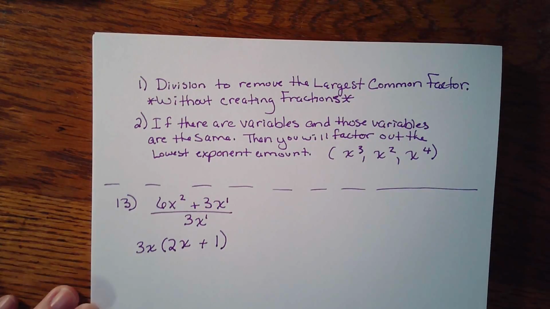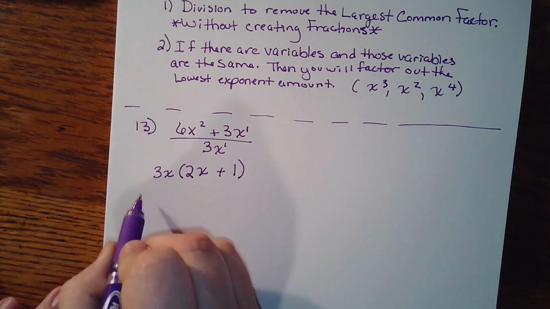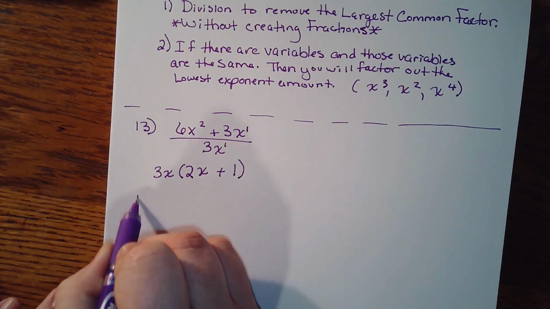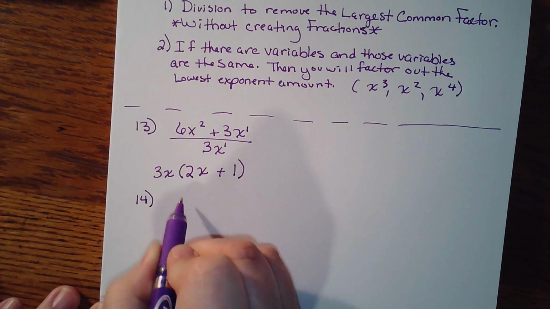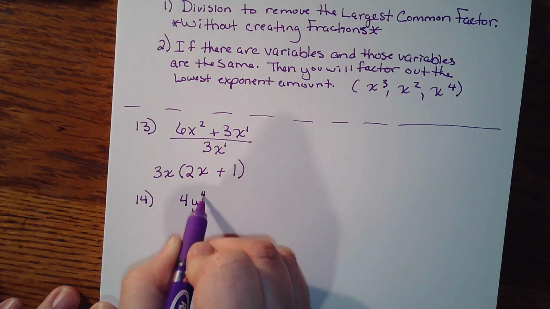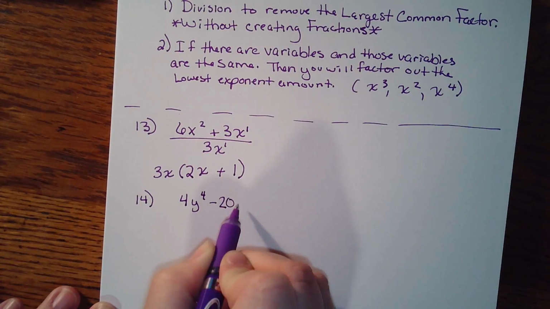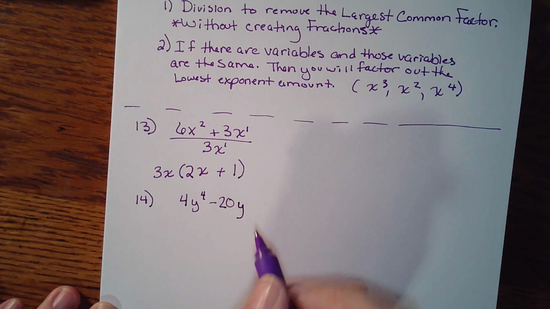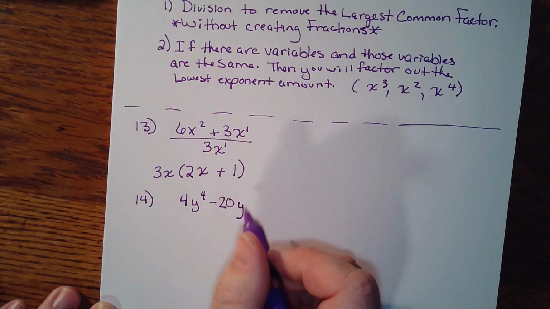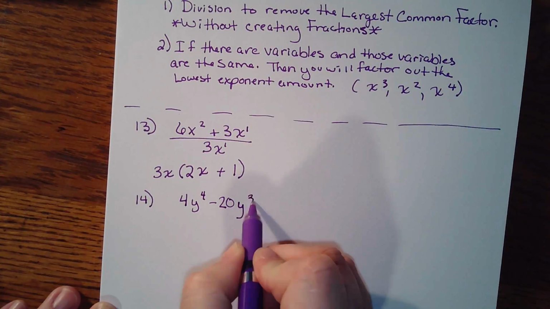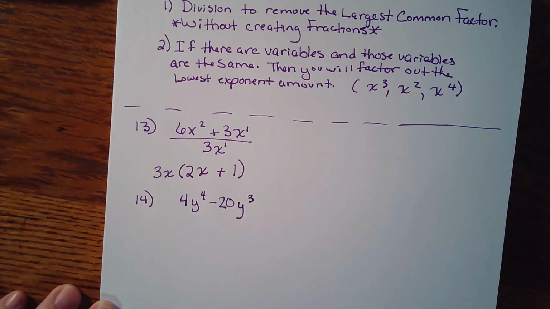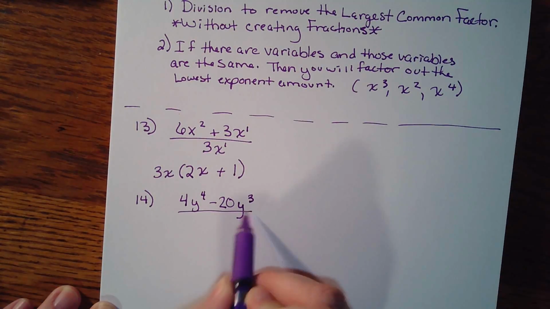All right, let's look at something that has bigger exponents to pull out. Number 14 is 4y to the fourth minus 20y cubed. In this case, it's pretty straightforward like the first one. We know that 4 and negative 20 both have a 4 in common, so we just pull out a 4.